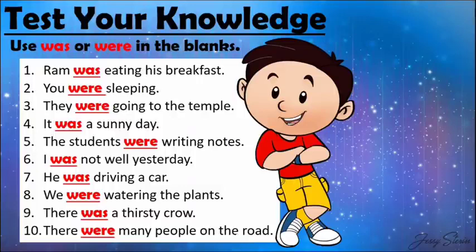Make sure whenever in the sentence there is given, you need to find out, are we talking about singular or plural. If it's singular, then we will use was with there, and we will use were with there if we're talking about the plural. As you can see in point number 9 and point number 10.